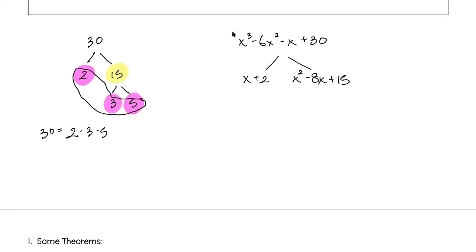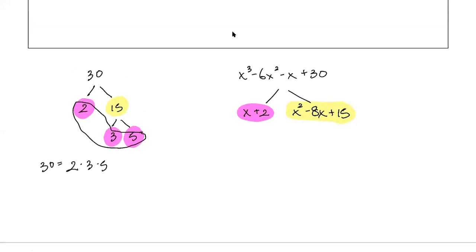So when we look at our polynomial, this x plus 2 is kind of like our 2 for the 30. We can't break down x plus 2 anymore. But let's see if we can break down x squared minus 8x plus 15, okay? And here's how we're going to do this.